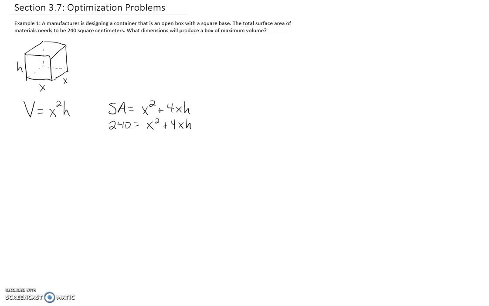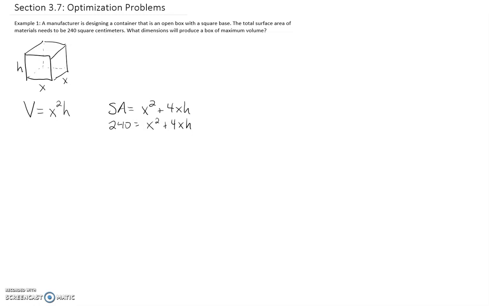So now looking back at the volume formula, our goal is to maximize that. We know that derivatives can help us maximize things. We can find the maximums, either local or absolute, and the same thing with minimums. In this case, we're trying to maximize the volume, V equals x squared times h. However, we have two variables present, and that has not been something we've dealt with at this point.